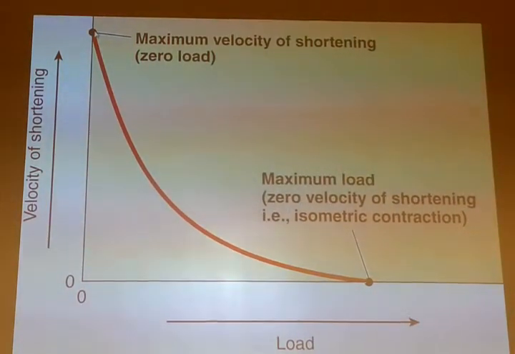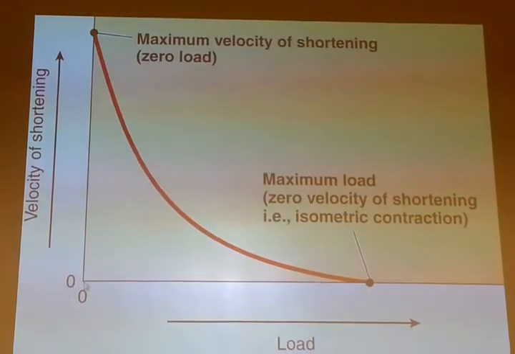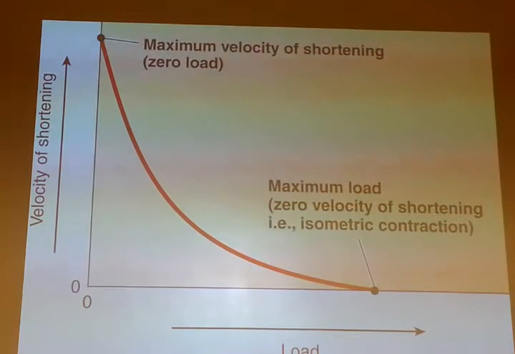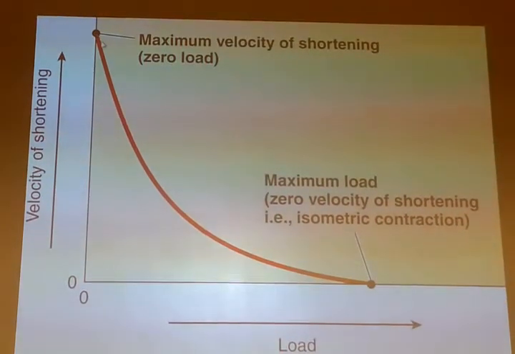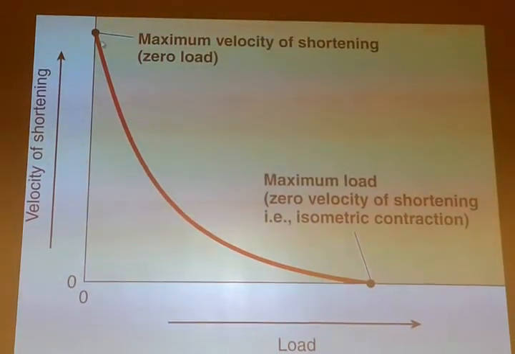Velocity of shortening: when there's no load applied, then you can shorten the muscles very quickly. So velocity of shortening is high when there's no external load applied to the muscle. When the external load is high, then the velocity of shortening may be 0. If there is no external muscle length shortening, then you're in an isometric contraction.